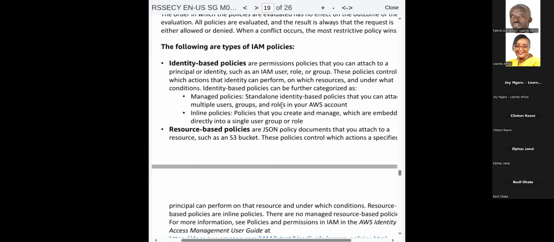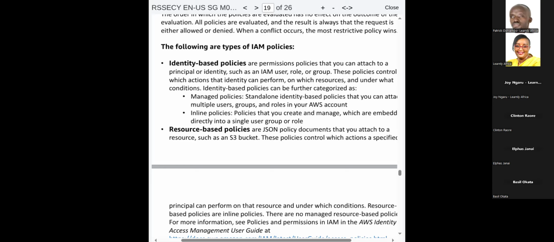So this is like what we've been talking about. And they are categorized into two. We have managed policies and we have inline policies. Managed policies are standalone policies that can be used across multiple identities, like multiple users, multiple groups, multiple roles. And then we have inline policies.